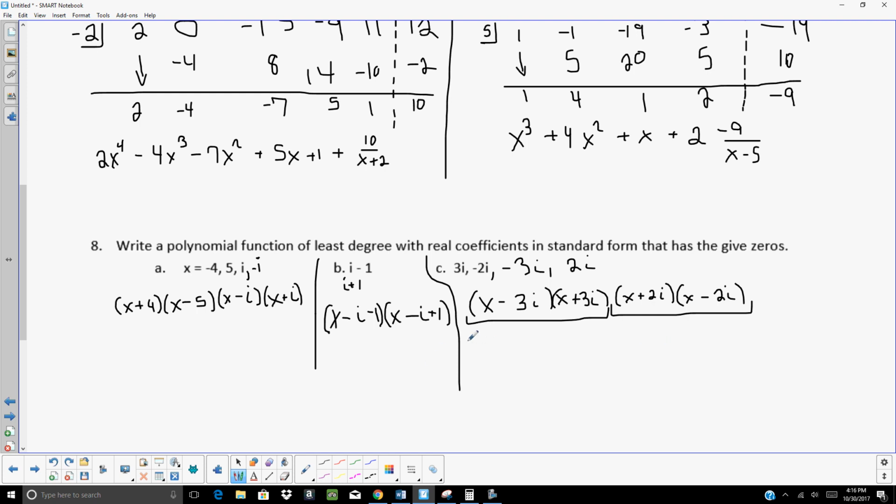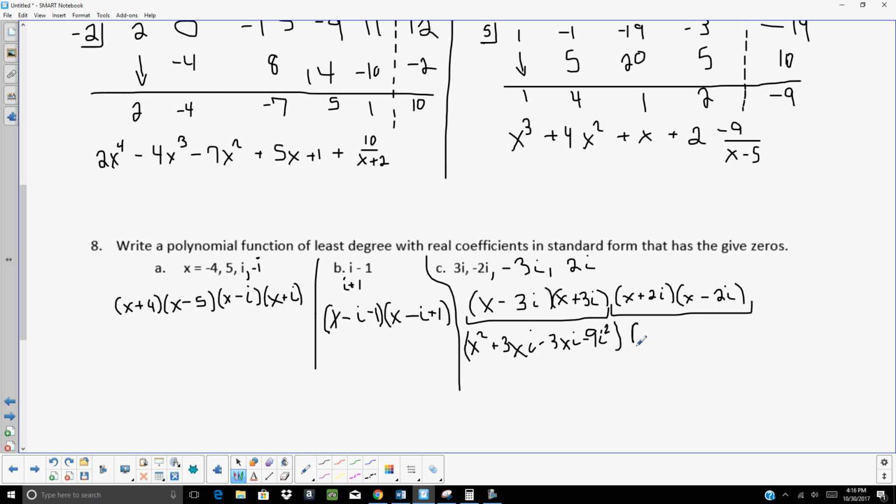So I'm going to get x squared plus 3xi minus 3xi, sorry about this handwriting, minus 9i squared. And then you're going to multiply the next two together.